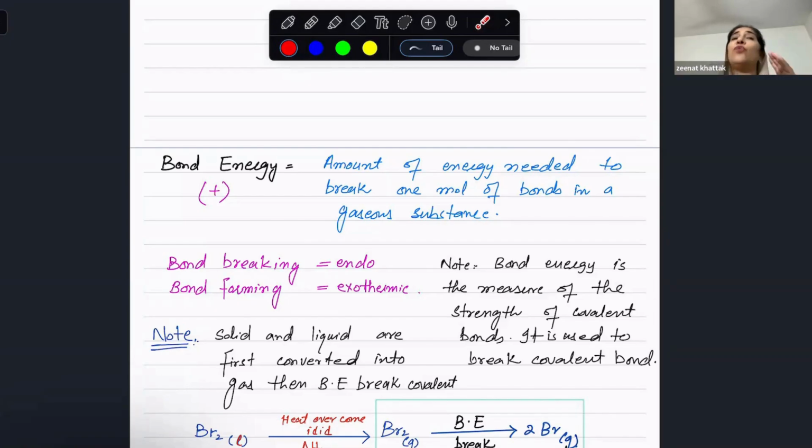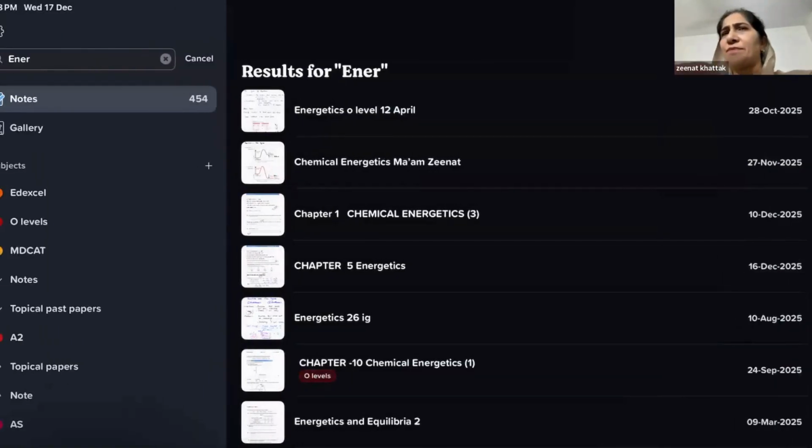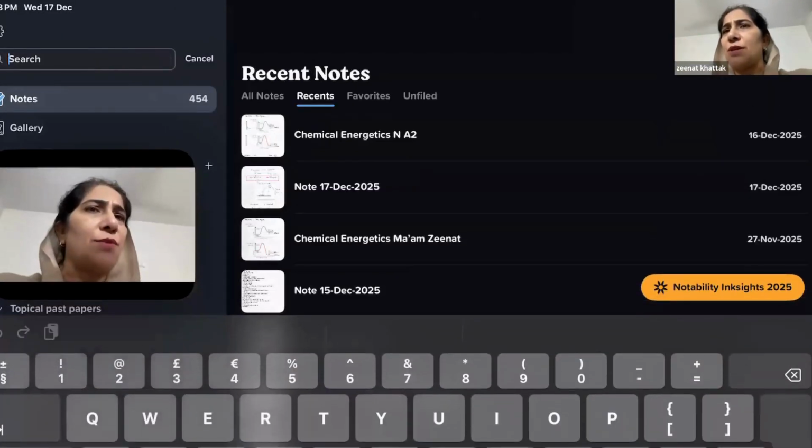So in gases, we say that there is no intermolecular force, or even practically they are negligible. So it's the strength of the covalent bond. If you're providing heat to a gaseous molecule, you are actually breaking the covalent bond, right? So it's the amount of energy needed to break 1 mole of covalent bonds in a gaseous substance.